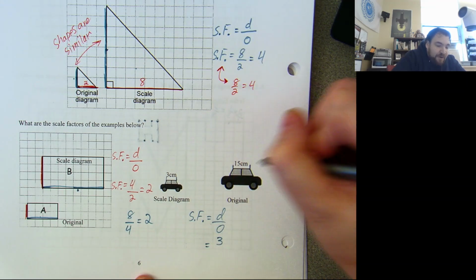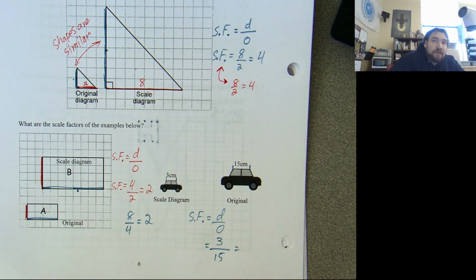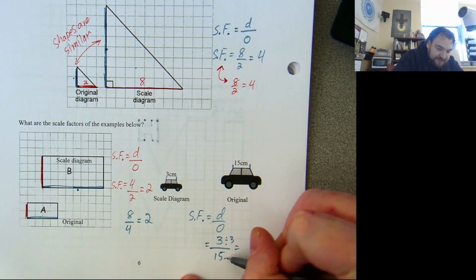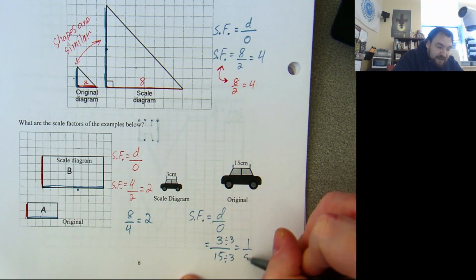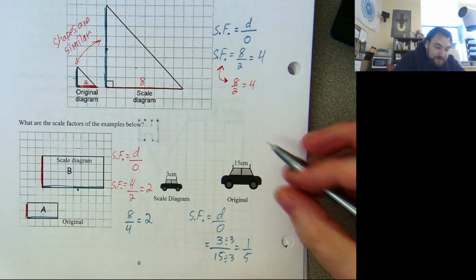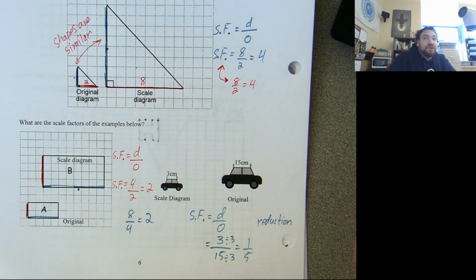This is the corresponding length in the original, so that goes in the denominator. 3 over 15 can be reduced to? 1 over 5. Both 3 and 15 are divisible by 3, so that's going to give me a scale factor of 1/5. Which means this is a reduction, where the other two were enlargements.